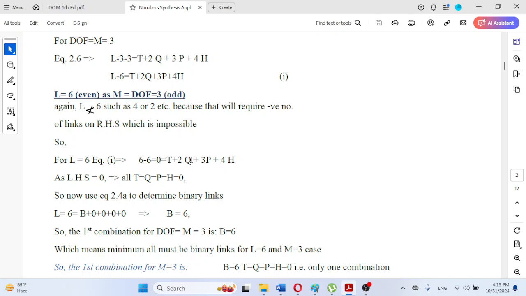So all links, ternary, quaternary, pentagonal and hexagonal, must be 0. That means there cannot be any ternary, quaternary, pentagonal or hexagonal link.